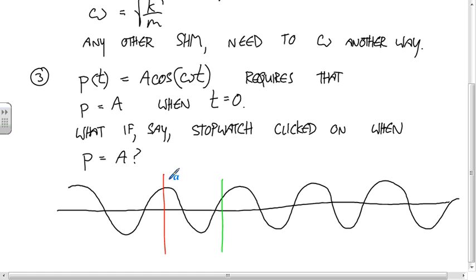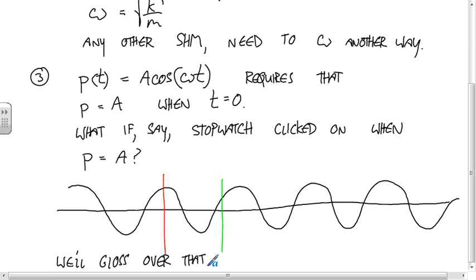We're going to assume that position equals A at time equals 0 every time, because we just don't gain any more physical insight by dealing with other cases. Okay, so we're just glossing over that. Okay. Any questions about that?